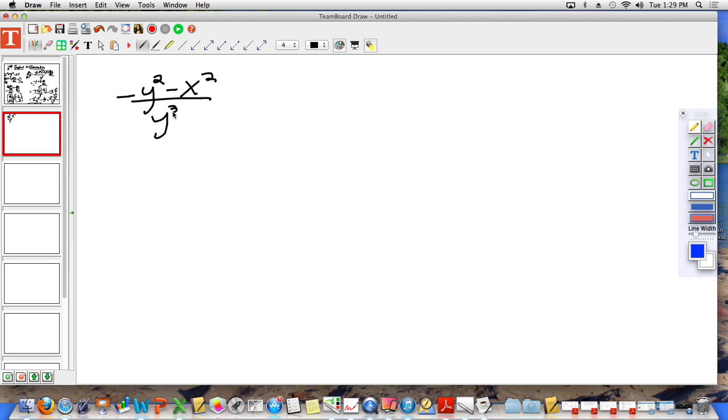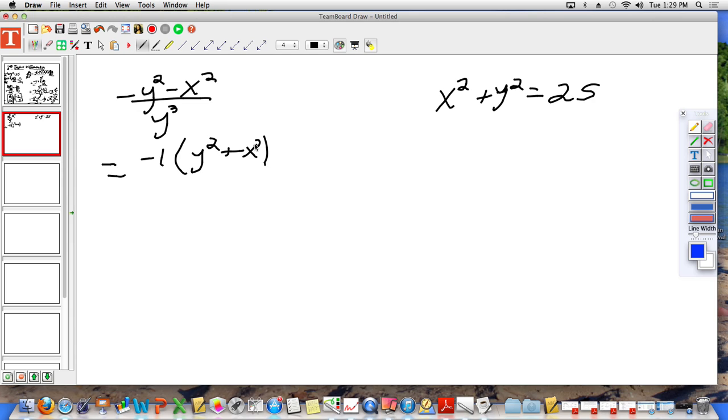Okay. The original problem that we started with, I believe, was x squared plus y squared is equal to 25. Now, it just so happens that in this case, we end up with this, which can also be written as negative 1 times y squared plus x squared over y cubed. So, do you see what I just did? I took a negative 1 out, left me with y squared plus x squared.